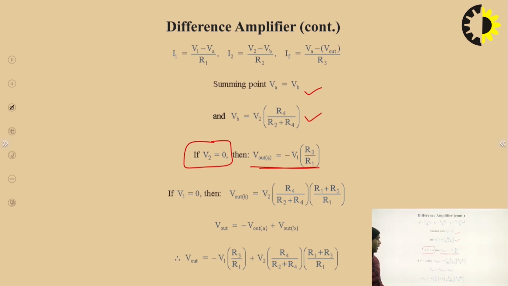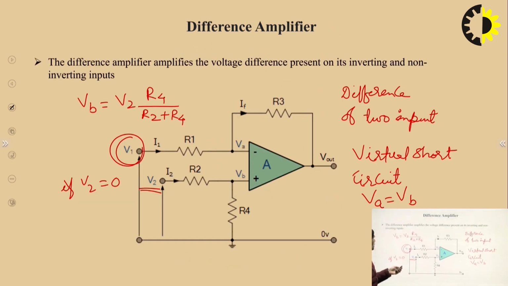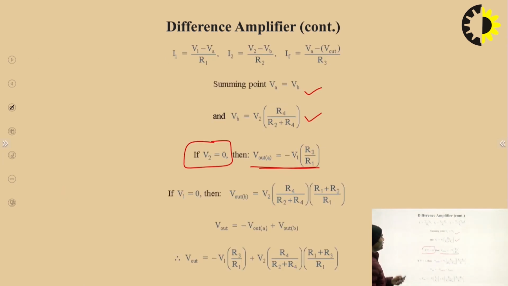And if you consider V1 equal to 0, what will happen at that time? This whole circuit will convert into the non-inverting amplifier, because we will apply input at V2 only, that is the non-inverting terminal. And you know that the gain of the non-inverting amplifier is R1 plus R3 divided by R1.